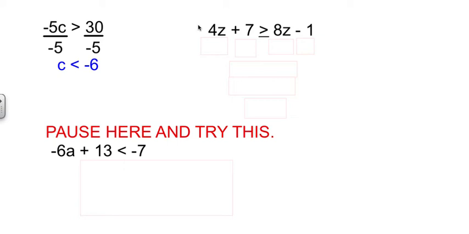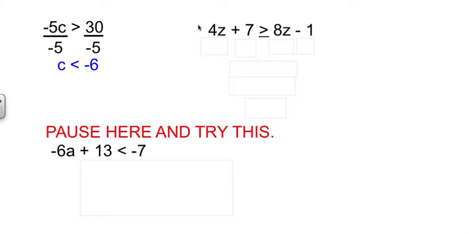Let's take a look at a fairly complex one. We have 4z plus 7 is greater than or equal to 8z minus 1. When we're doing inequalities, you like to have the variable on the left.